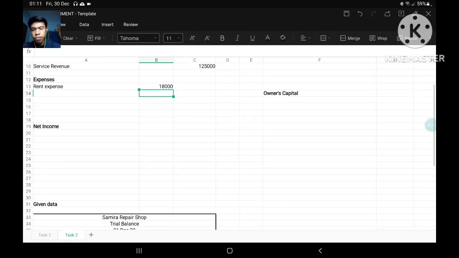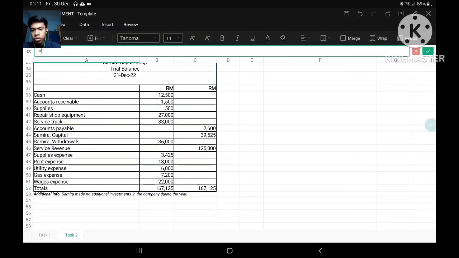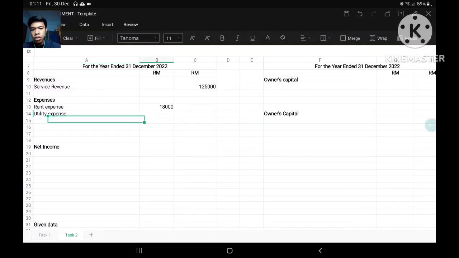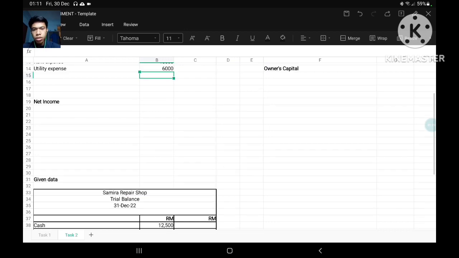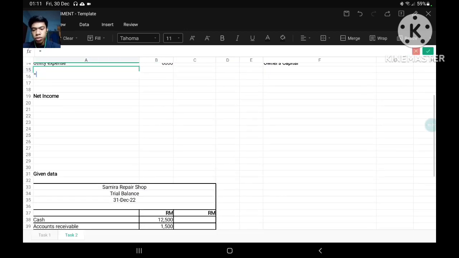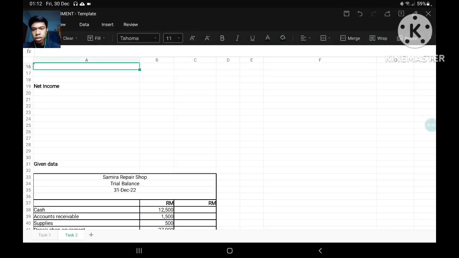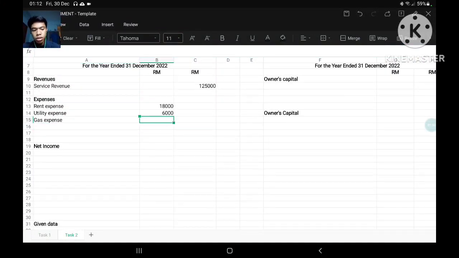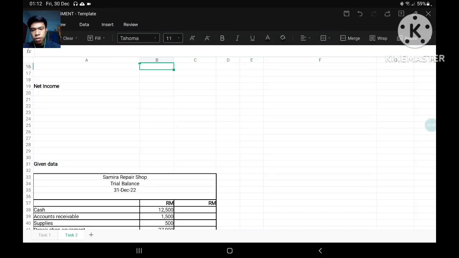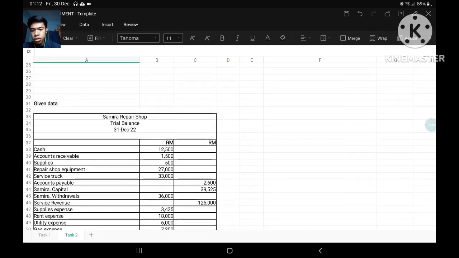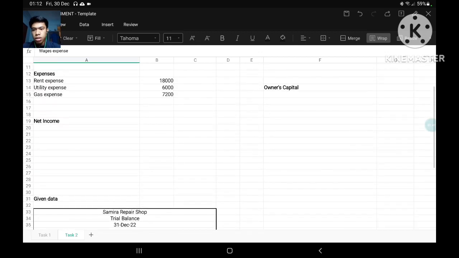Okay, the expenses is the same formula: equal, take all the expenses.